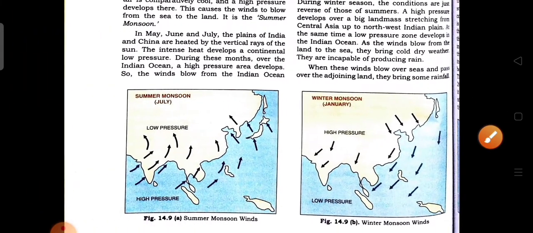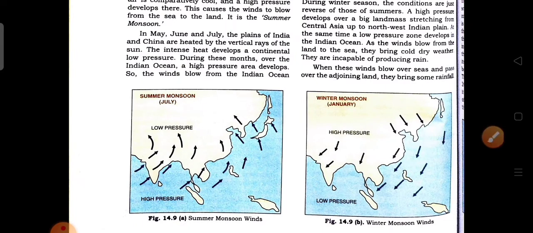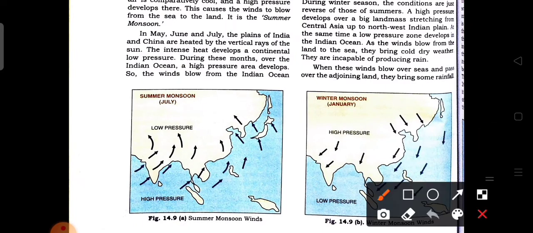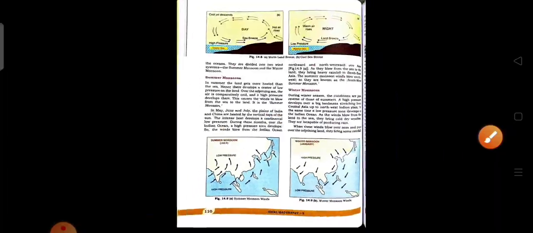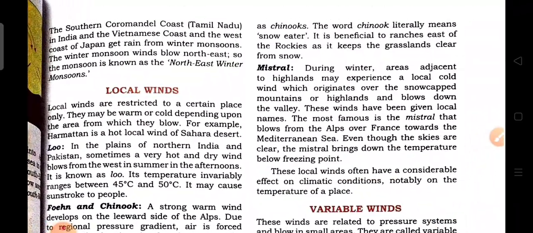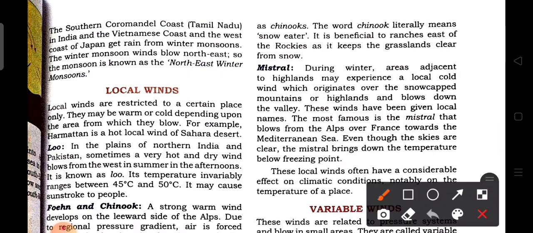When this wind blows over the sea and passes over the adjoining land, it gives rainfall to these regions. The southern Coromandel coast, like Tamil Nadu in India, and the Vietnam coast and western coast of Japan get the winter monsoon.